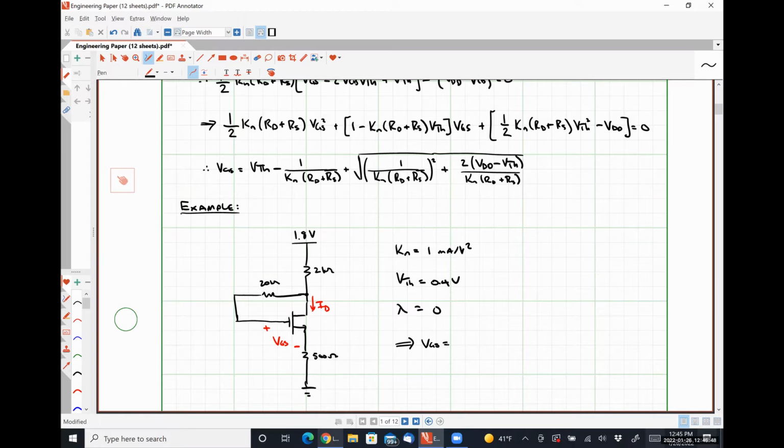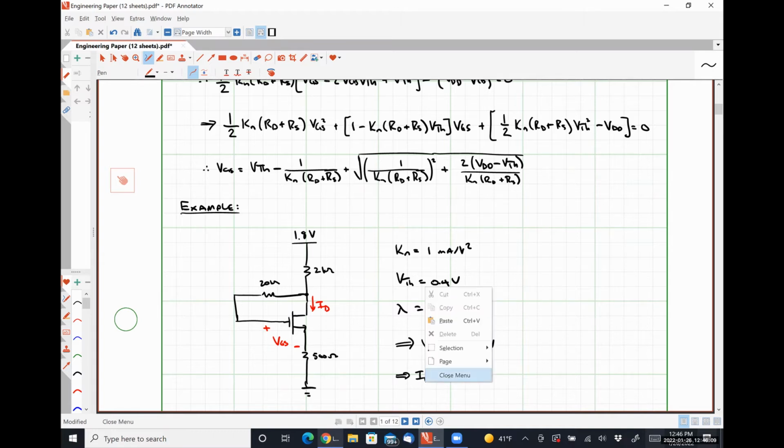I get 1.131 volts, which is exactly what I got using MathCAD. Anybody else verify that? From here, we can plug in this value of VGS into our ID equation.